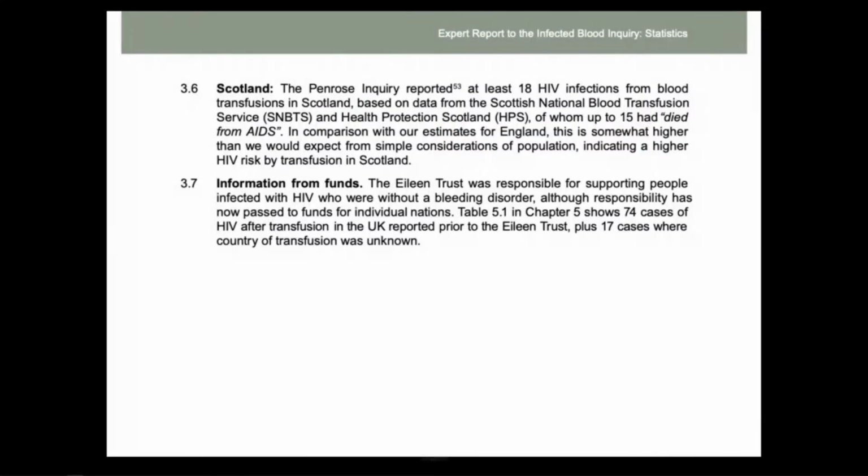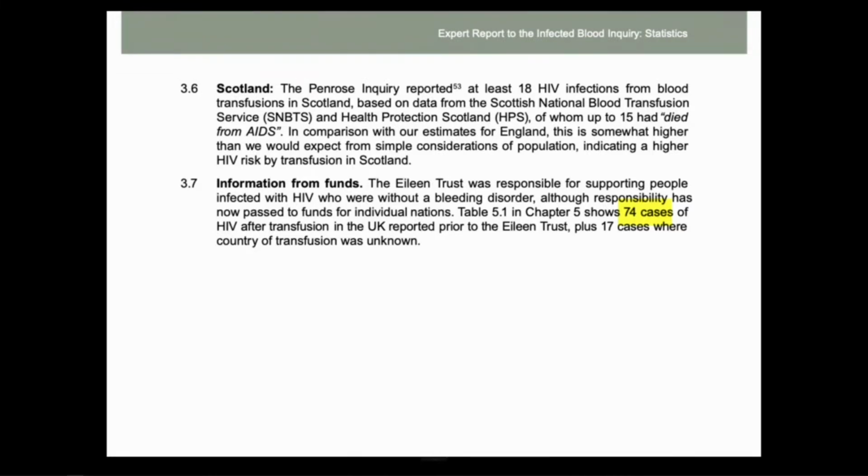And then just in relation to the Eileen Trust data, if we go to paragraph 3.7, page 37, electronic page 41, there's reference there to 74 cases of HIV after transfusion in the UK reported prior to the Eileen Trust. The origins of that, I don't think we need to go to the underlying document, but it's a document from the early 1990s, which reports 74 known cases, and at that point 17 where country of transfusion was unknown.